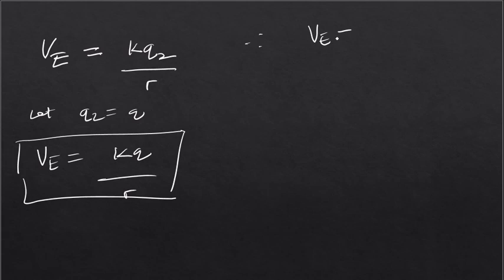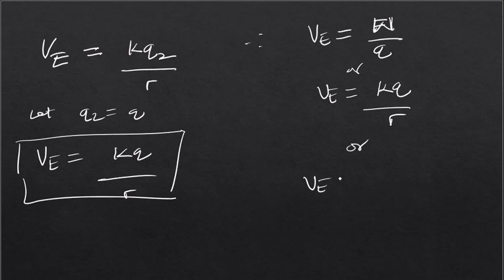So VE is equal to work done over charge, or VE is equal to KQ over R, or VE is equal to Q over 4 pi permittivity of free space multiplied by R. This is what we have.